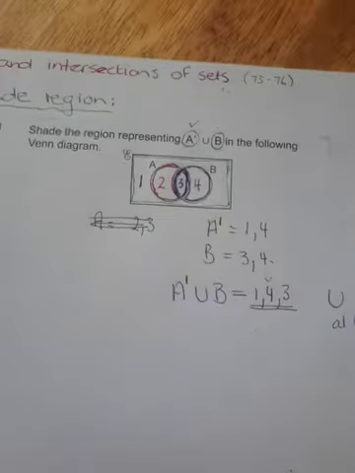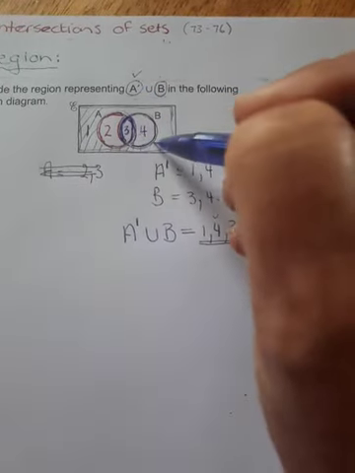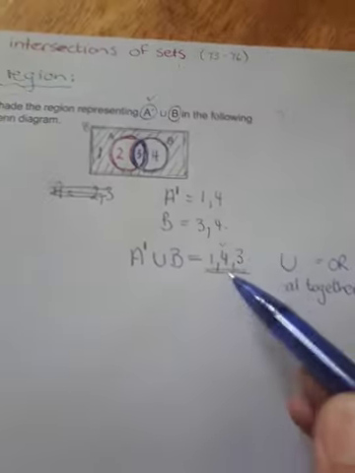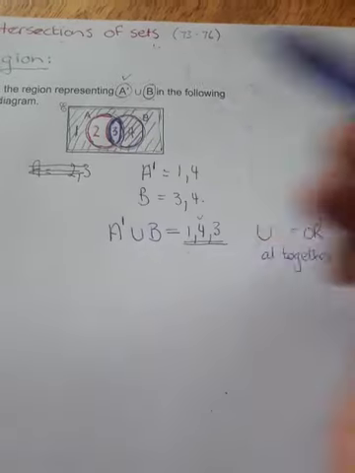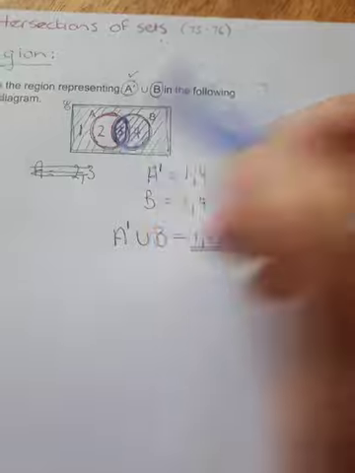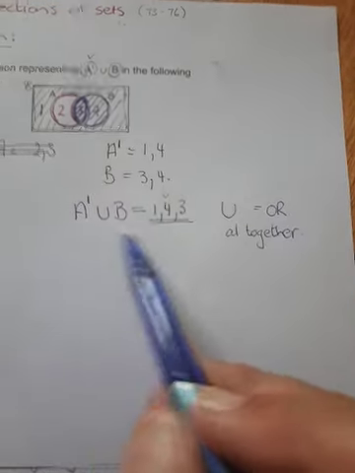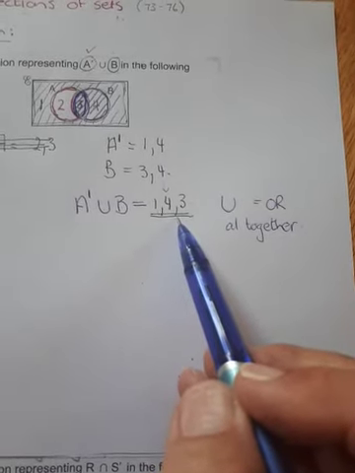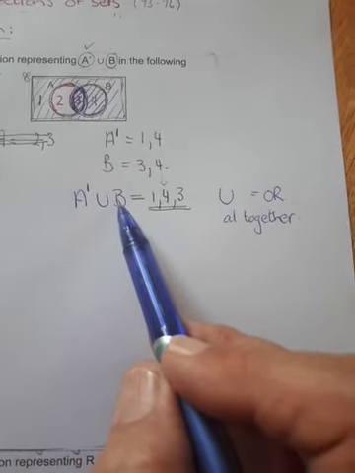So let's go here. Shade region 1, which is the whole of the outside. Then region 4, which in this case is the purple part. And then region 3, which in this case is the blue part.